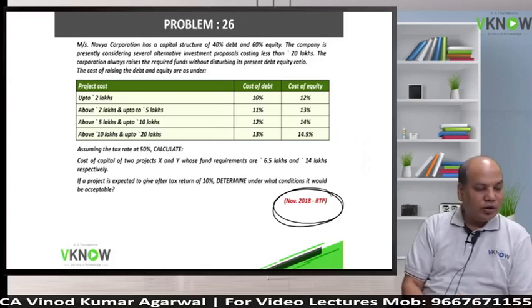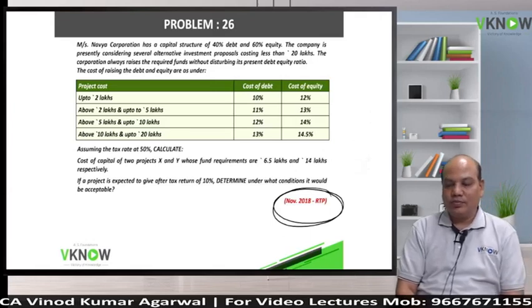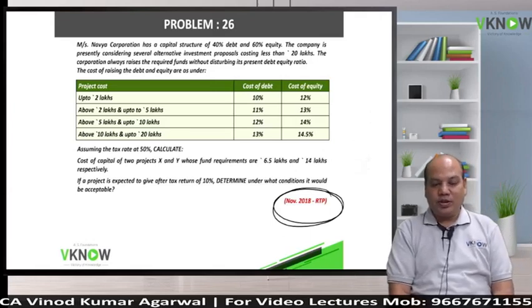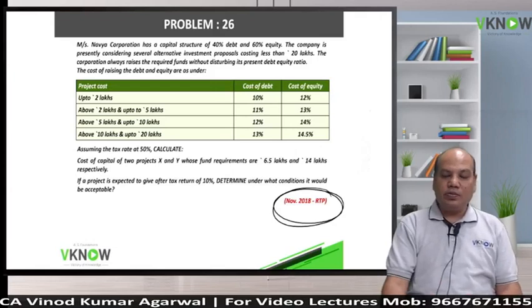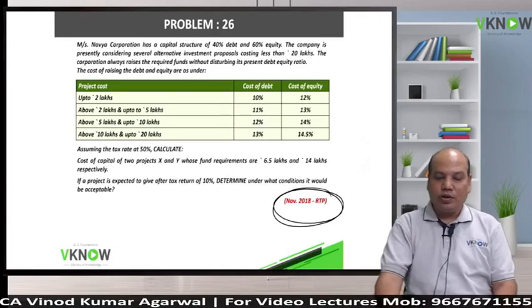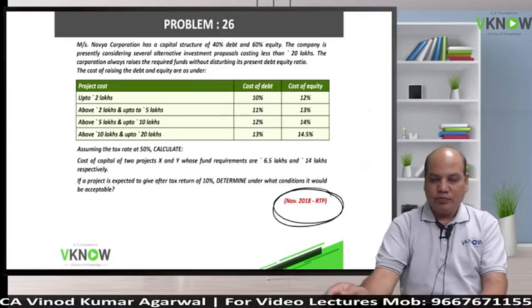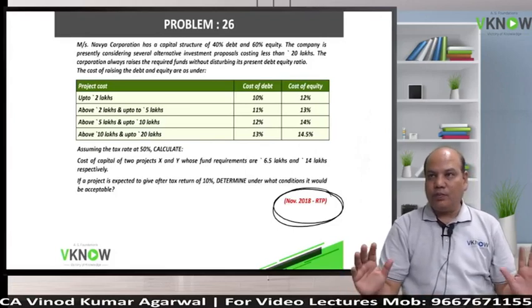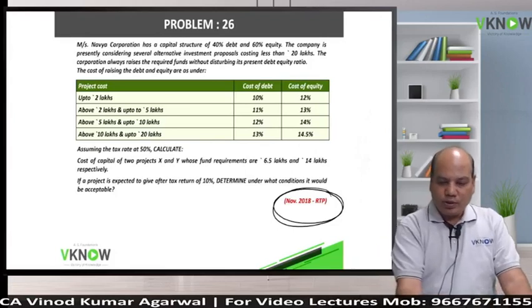Messrs. Navya Corporation has a capital structure of 40% debt and 60% equity. The company is presently considering several investment proposals costing less than rupees 20 lakh. So they are considering different projects. That means these are the project costs.